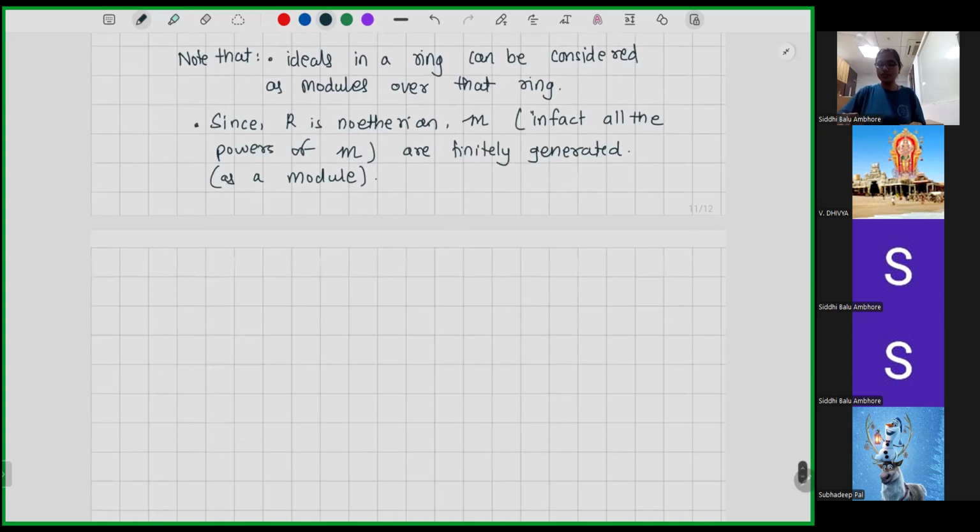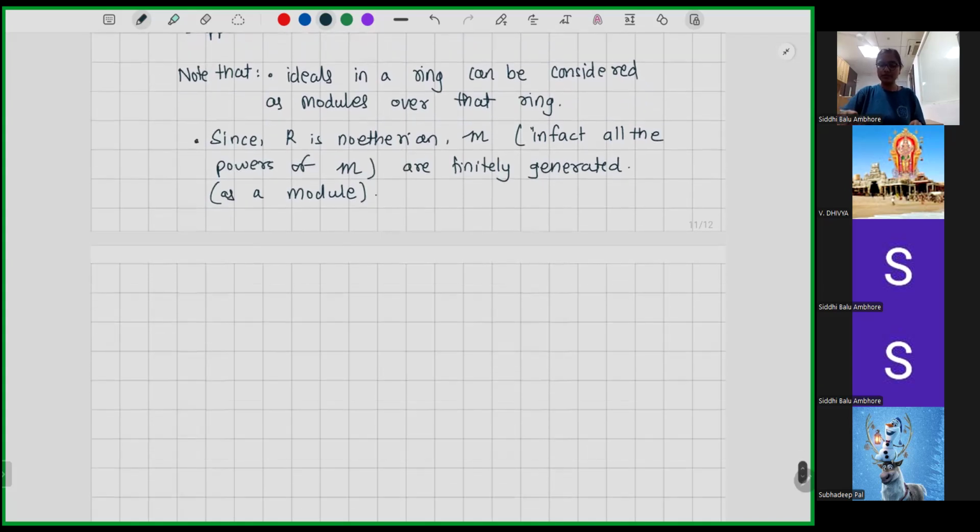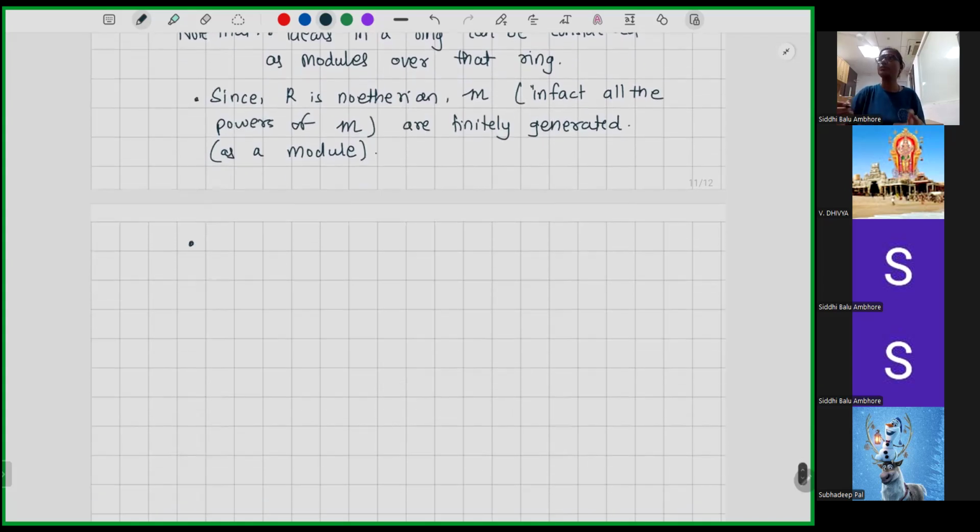So these two conditions we have. Does this remind you of anything? If not, then let me recall this to you: Nakayama Lemma.